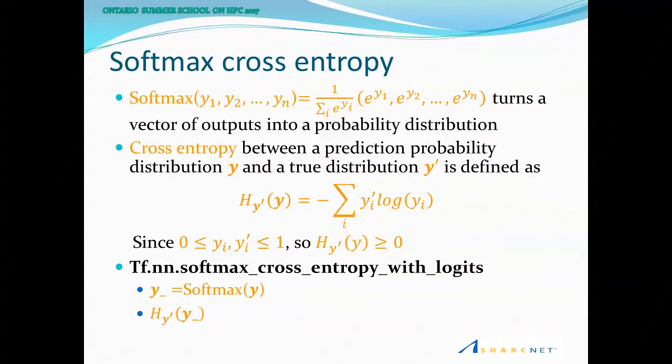Otherwise, it will be a larger number. So the task for the training actually becomes a minimization problem. How to determine the parameters, which is W and B, to make the softmax cross entropy smaller and smaller.